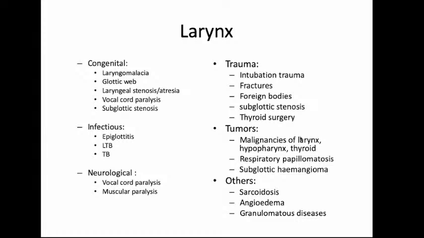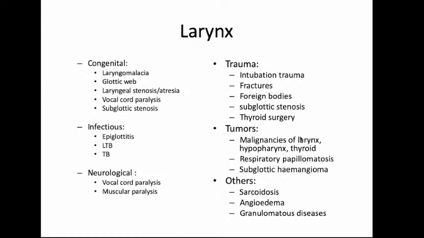At the level of the vocal cord, you may find a web at the anterior aspect, narrowing the airway and therefore causing obstruction. And in some situations, the larynx fails to canalize so that there's no airway there. But stenosis or atresia is not compatible with life.